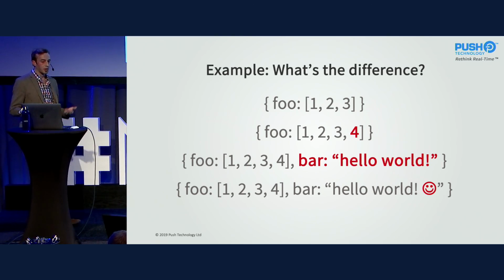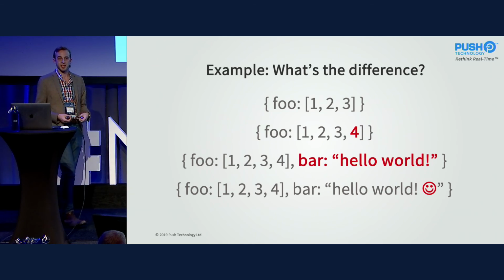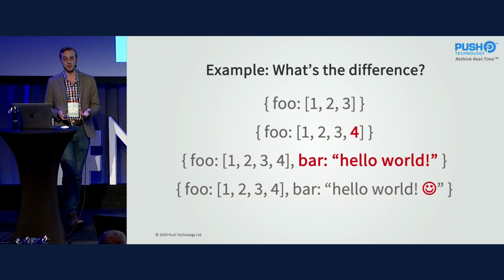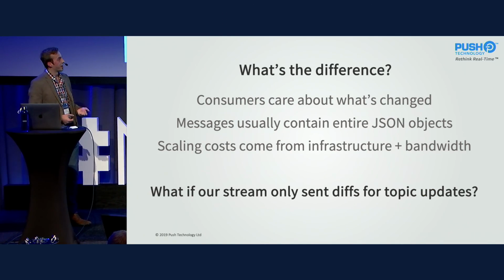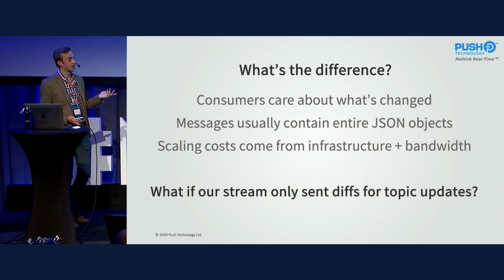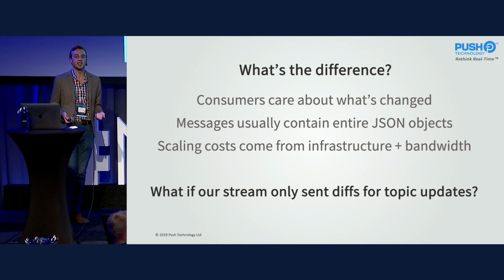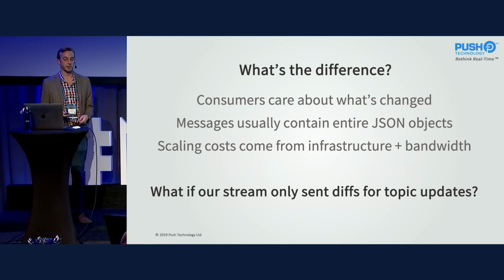If you consider that most data messages that come along are JSON objects where at the very least the keys remain the same, even if the values change, you can optimize that by looking at the difference and only transmitting that down to clients. We do this with our technology, and we've seen reductions of bandwidth up to 97% compared to REST when you start actually looking at doing deltas.